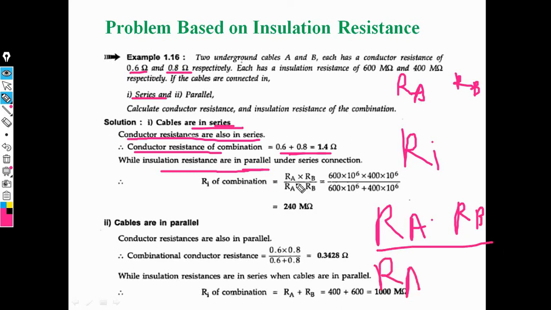Putting in the values, RA is 600 megaohm, that is 10 raised to 6, and RB is 400 megaohm. Then we obtain the insulation resistance Ri as 240 megaohm for the series connection.